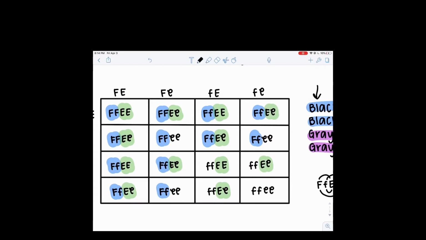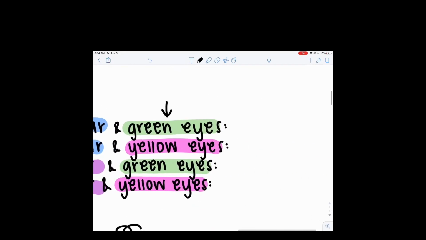The question is asking which ones have black fur and green eyes, so anything with the blue and green both shaded is going to be our answer, and we just counted 9 out of 16.